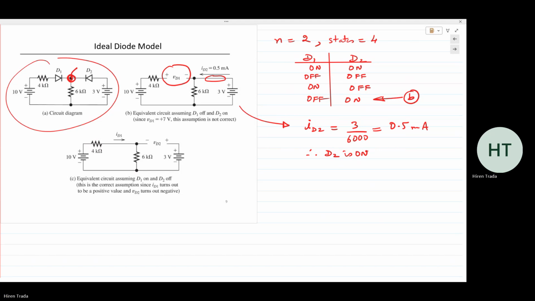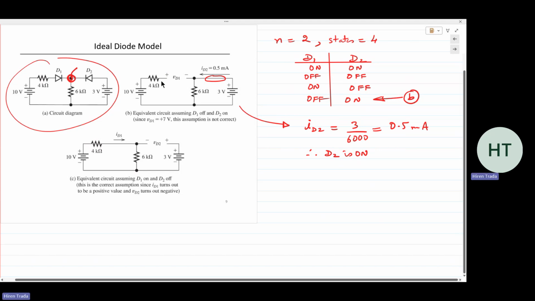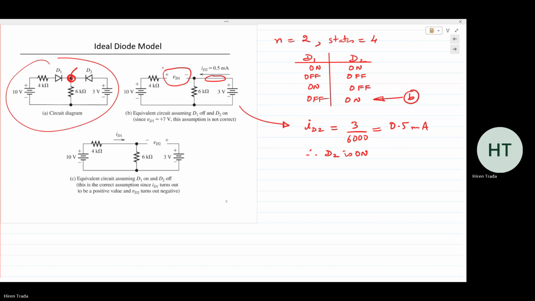Okay. Now we need to find VD1. So here, that 4 kilo ohm resistor is open. What is the voltage at that end?